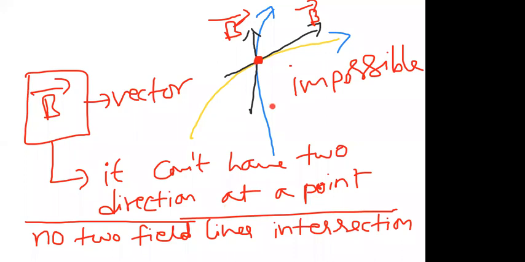So we can say intersection of magnetic field lines is impossible, and from that information I can conclude that no two field lines intersect each other.